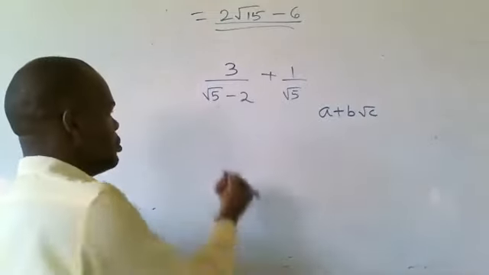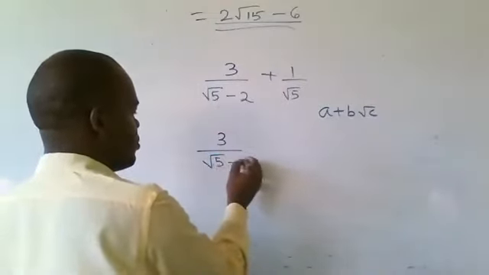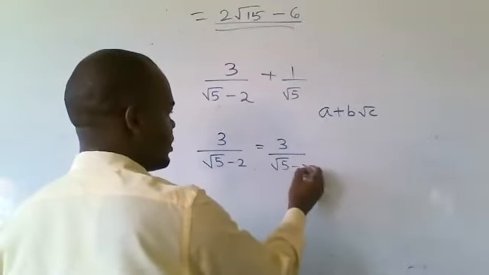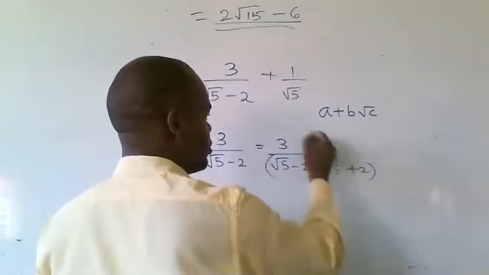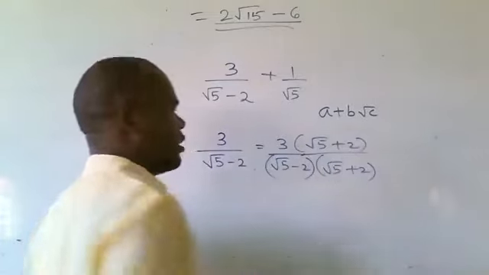So what you do, you first of all work out 3 over square root of 5 minus 2. You multiply with square root of 5 plus 2, and you do that in the numerator and the denominator.